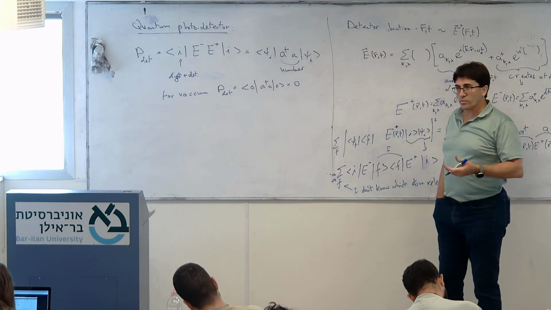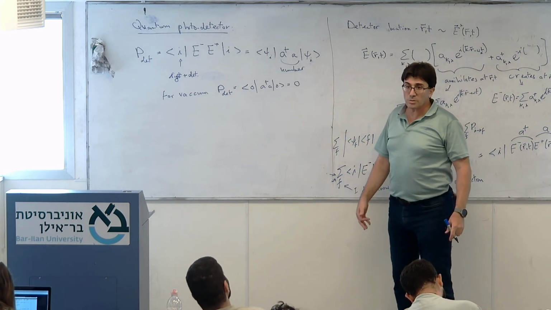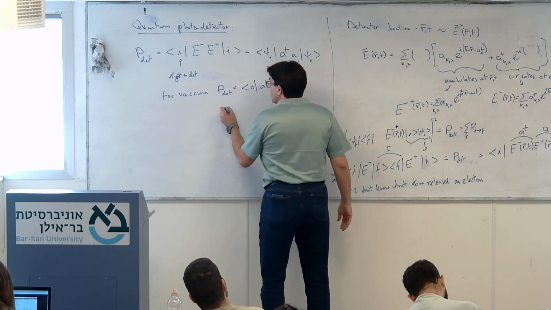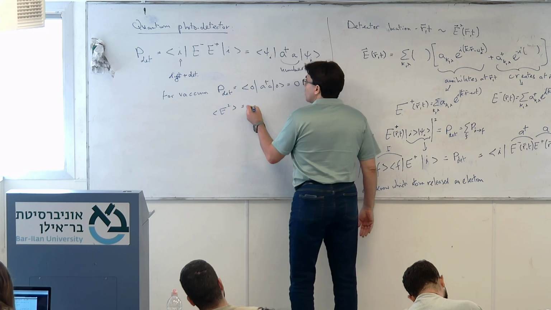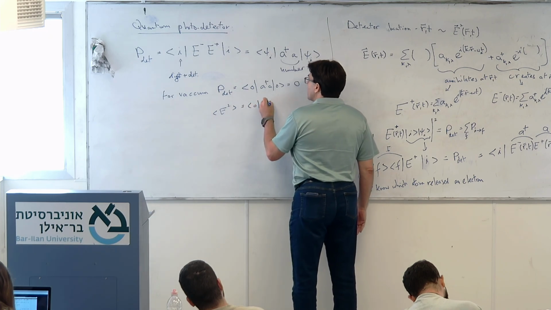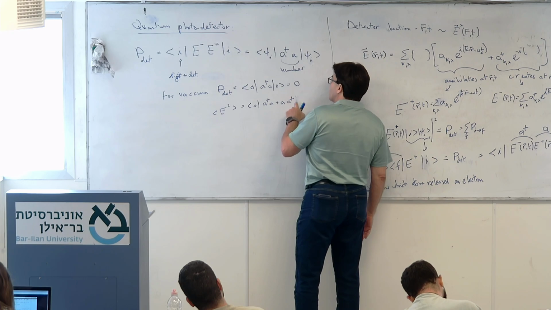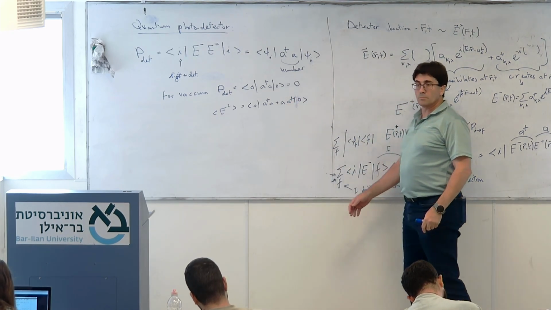What is the difference? This does not measure E squared. This measures almost E squared. Because E squared average, which we calculated before, was the average of A dagger A plus A A dagger. That's what we had there. So it's not the same.